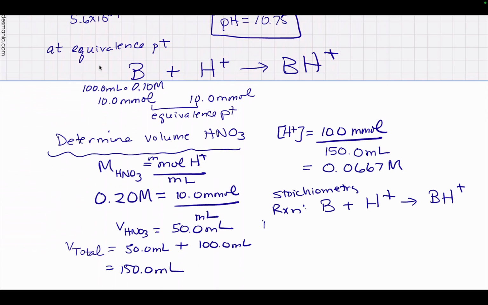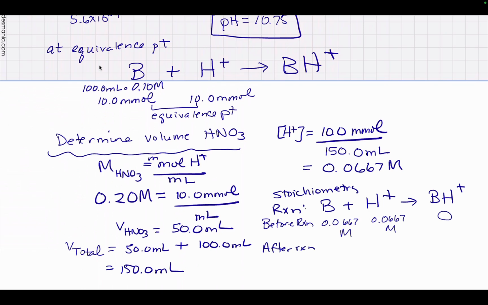Before the reaction occurs, you're going to have 0.0667 molarity of both of these, and you're not going to have any of the weak acid BH present.